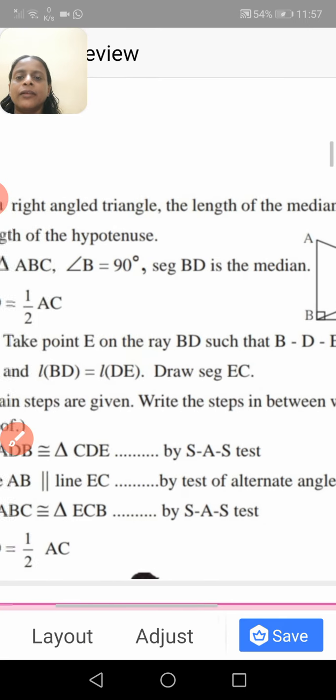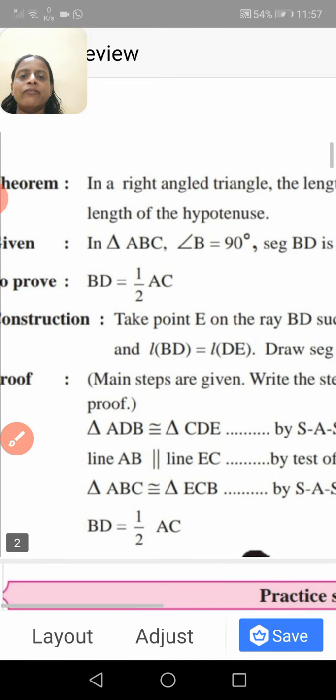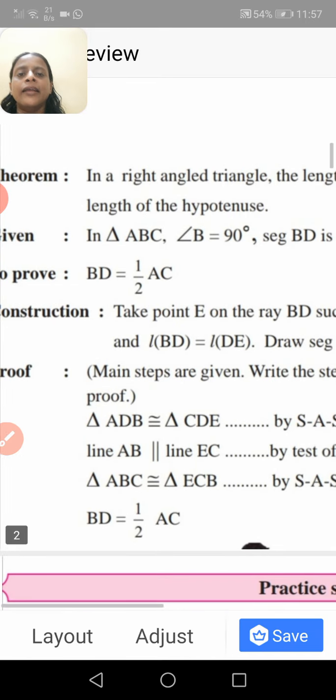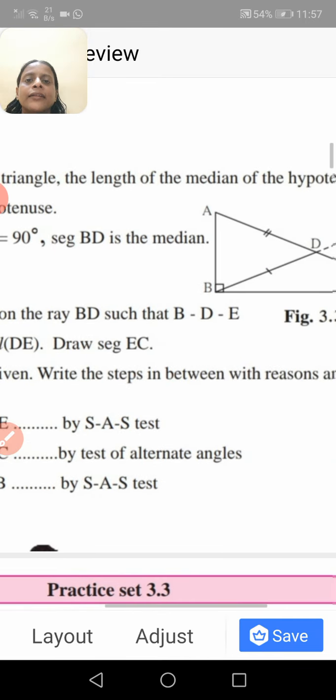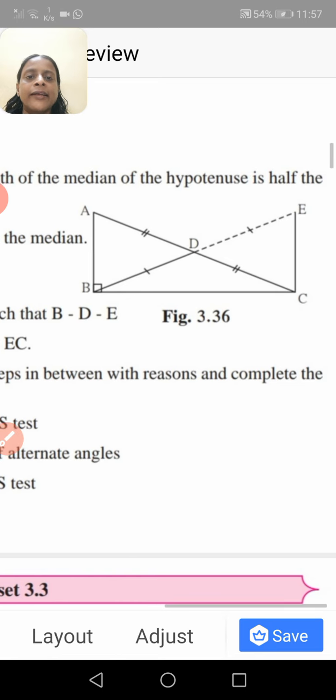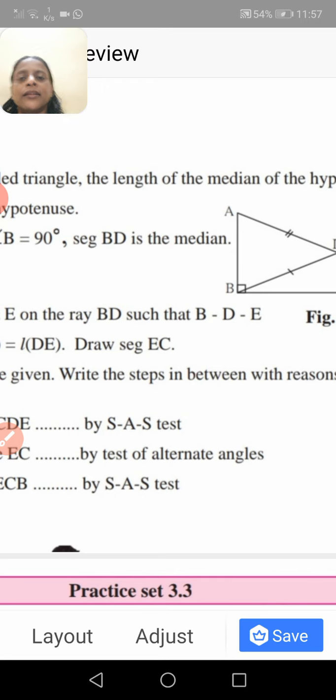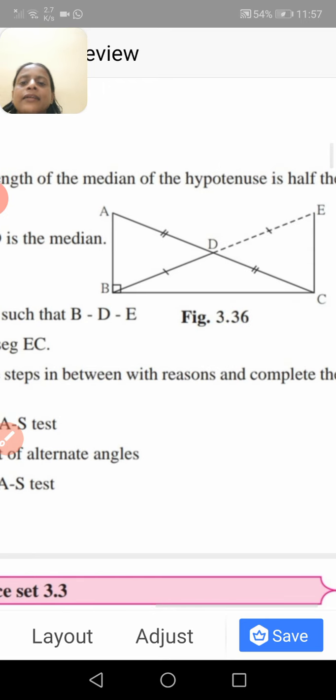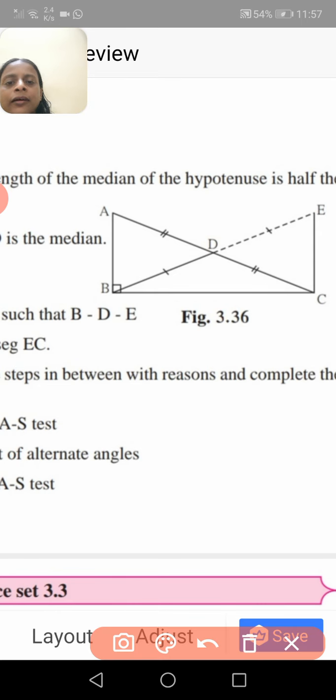So here in this theorem we are learning that in a right angle triangle, the length of the median of the hypotenuse is half the hypotenuse. Length of the median of the hypotenuse means what is the meaning?